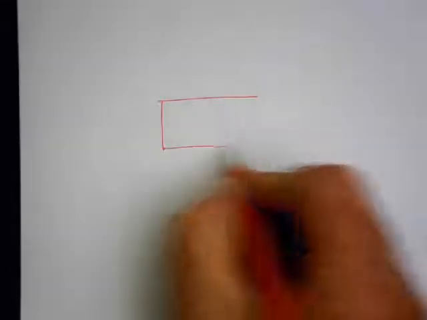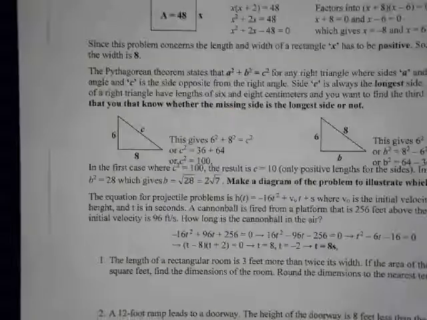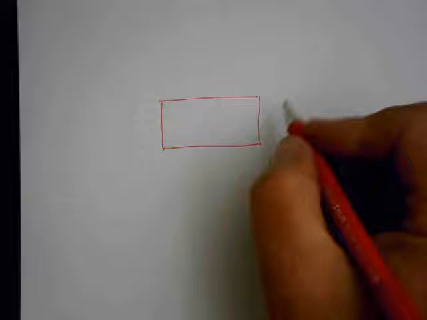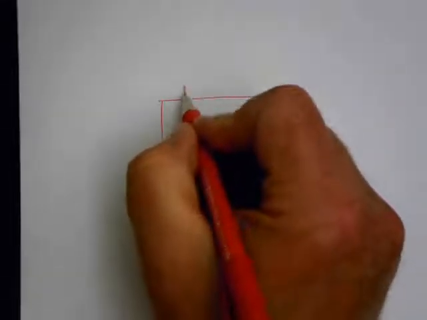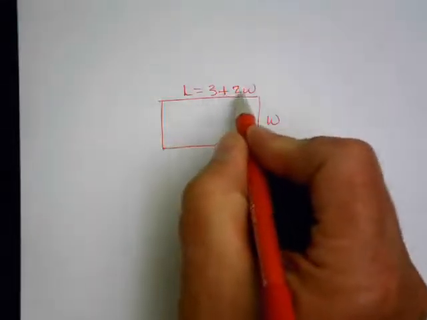Now, as mentioned before, it really helps to make yourself a drawing. So we first got the length of the room is 3 feet more than twice the width. So if that's the width, then we're going to have 3 plus 2w, 3 more than twice the width.